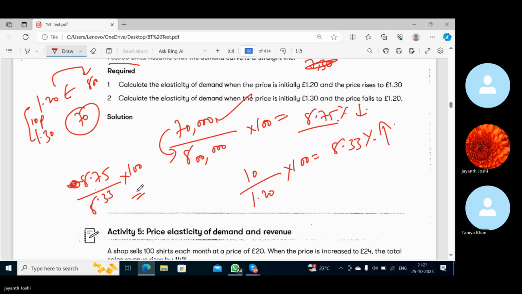Since these are already in percentages, we can directly take them as percentages and cancel. 8.75 by 8.33 is 1.05. It is more than 1. It is elastic. Okay.